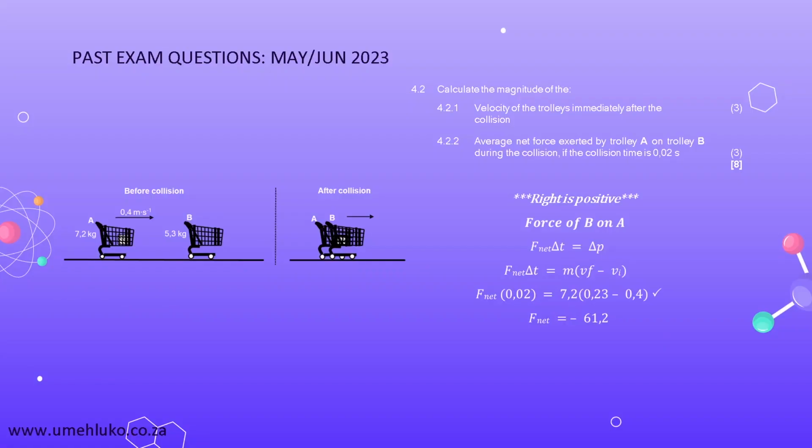So the very moment they came together for 0.02 seconds, within that short space of time, body A exerted a force more to the right, whilst body B exerted a force on body A in the opposite direction. That is to the left. And because it's to the left, no wonder we get the result being negative 61.2.